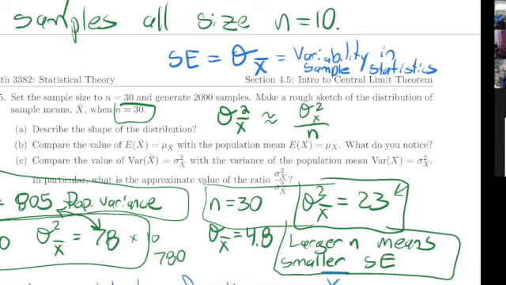So that captures this effect that as the sample size gets larger and larger, the standard error is getting smaller and smaller. When n is equal to 1, we pick samples of size 1, then the variance of the sampling distribution is exactly the same as the population, because picking samples of size 1 would just give us the population back.